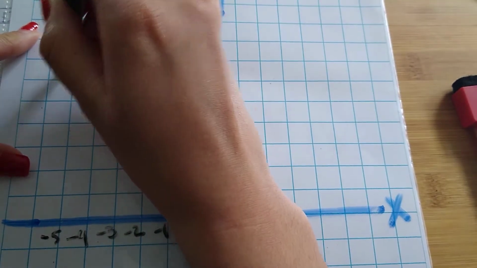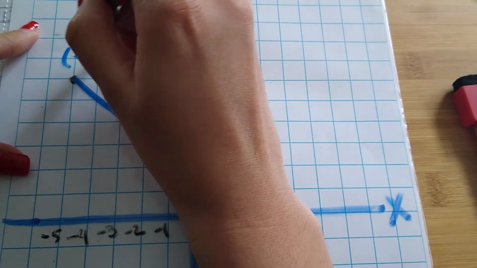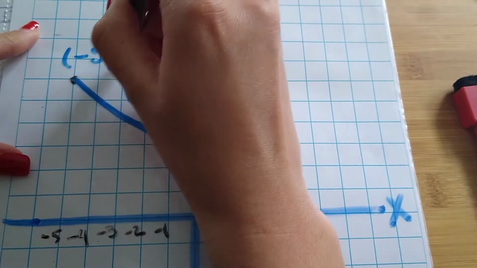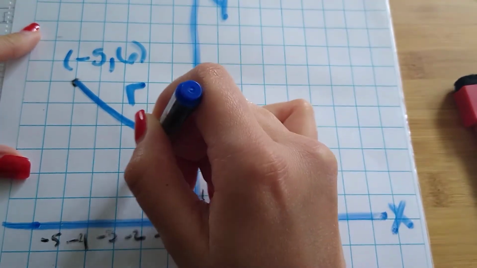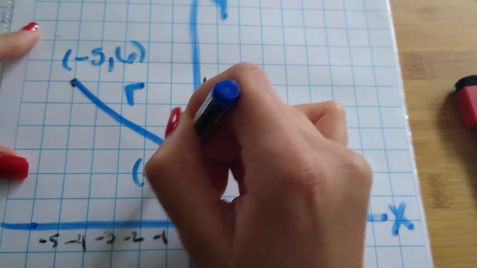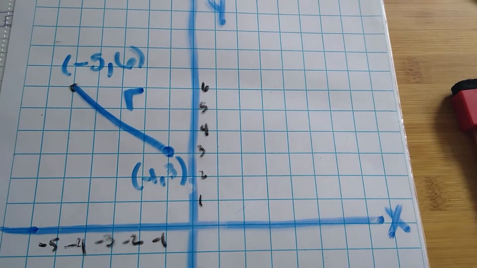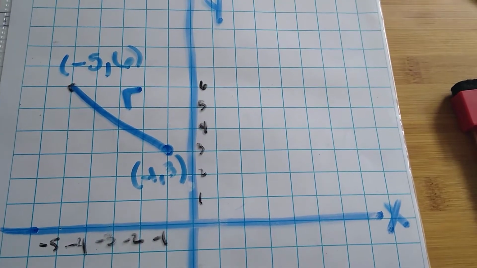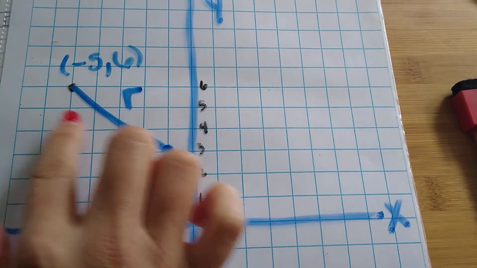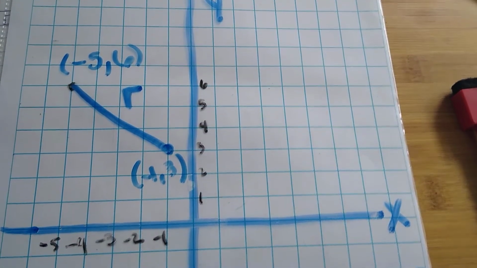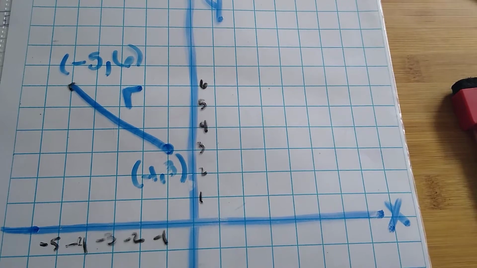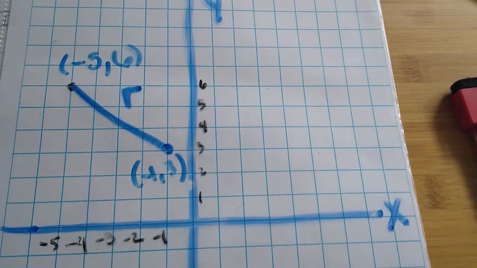So again, let's write -5, 6 here, and then the center here is -1, 3. You would have to ask yourself which formula gives me the distance. Hopefully you remember the distance formula.